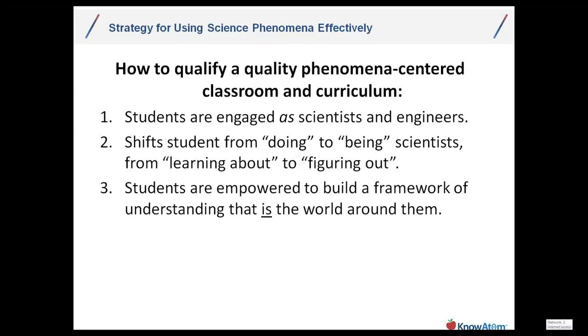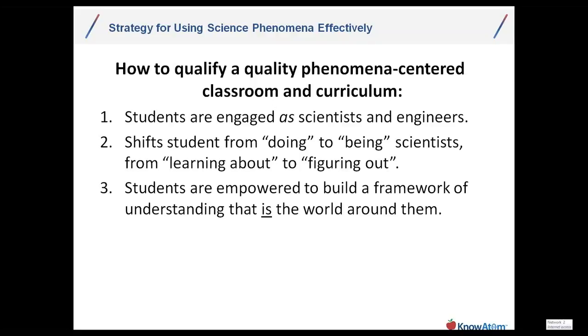So figuring out aspects of what happens when objects collide, in my previous example. Third is thinking about, are students empowered to build a framework of understanding that actually is the world around them? One of the things, real world versus not real world. Real world is literally the world around us. What is not real world?